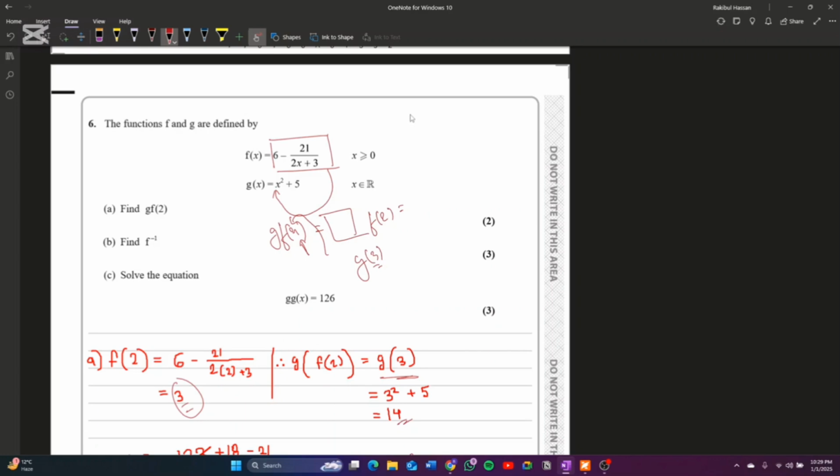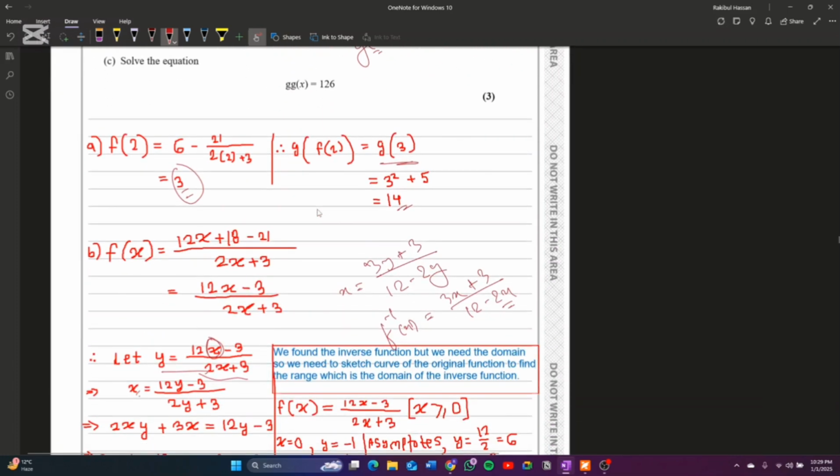As we know, the domain of f of x is the range of f inverse x, while the range of f of x is the domain of f inverse x. So we need to find the range of f of x of this function here. Here the domain was x greater than or equal to 0.